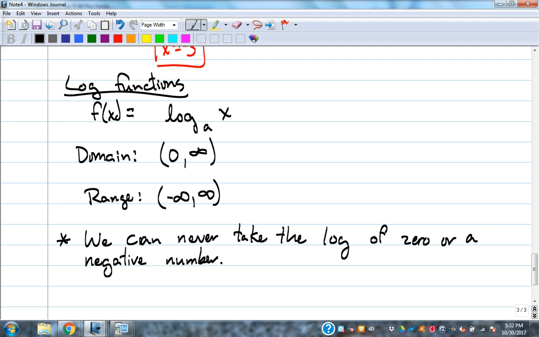Never going to be able to do that because you can't raise a number to a power and have it magically become negative. No number to a power is ever going to turn a number into 0, because the 0 exponent turns it into 1. A negative exponent makes it a fraction, right? Just moves it to the bottom. So it's never going to turn it into 0, and it's never going to change the sign of it.